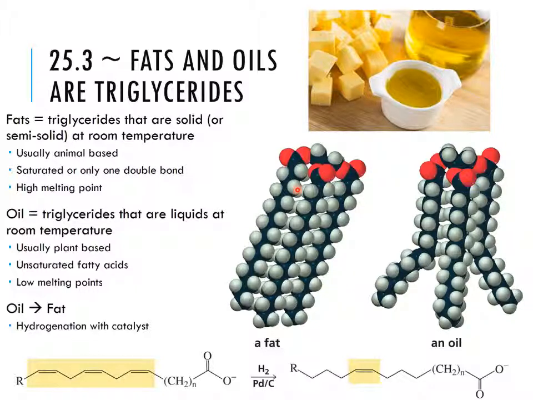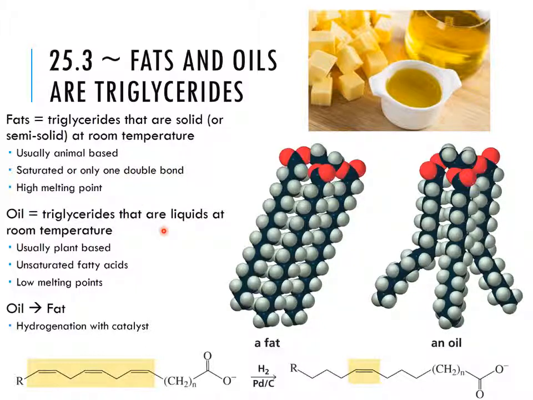So that's going to increase the London forces and increase the melting point, which means that it's going to be a solid at room temperature. So this is something like butter. And these items that we would buy are usually going to be animal based. So dairy products that have been solidified. So something like butter or lard.